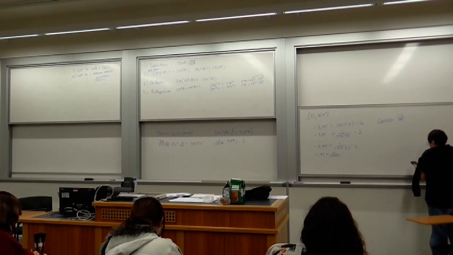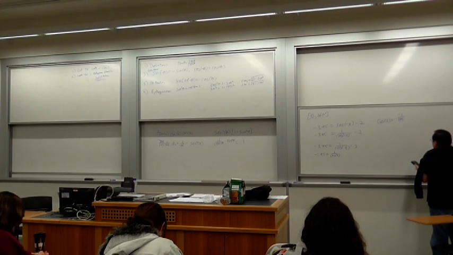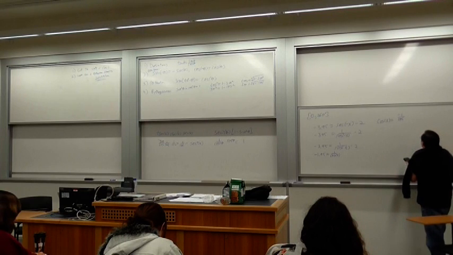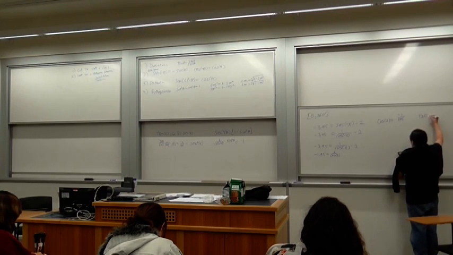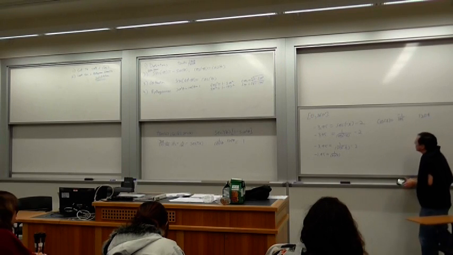So inverse cosine of minus 1 divided by 1.95. I get 120.9, let's say. Right.